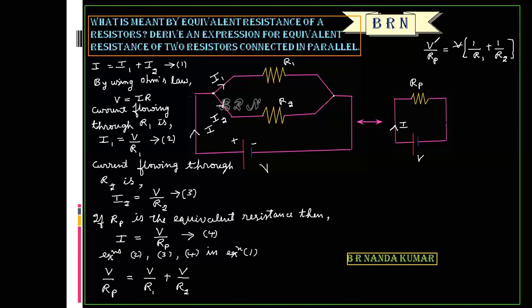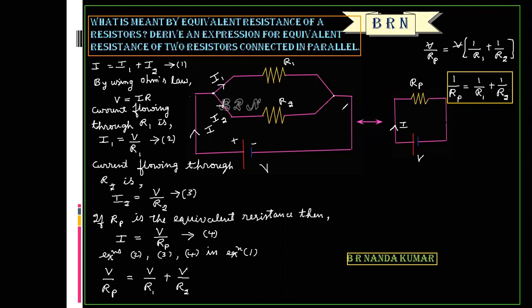V cancels and finally we get 1 divided by RP equal to 1 divided by R1 plus 1 divided by R2. The reciprocal of equivalent resistance in parallel combination is equal to the sum of reciprocals of individual resistances.